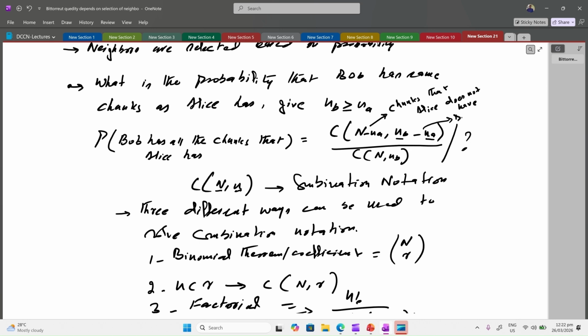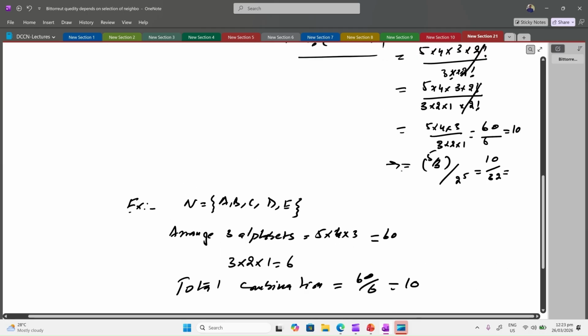So this is the difference between Alice and Bob's chunks. Yes, no? I will explain with an example as well, first understand this. And what is this? Bob's chunks, right? Total chunks. Okay. So let me give you an example for this probability.